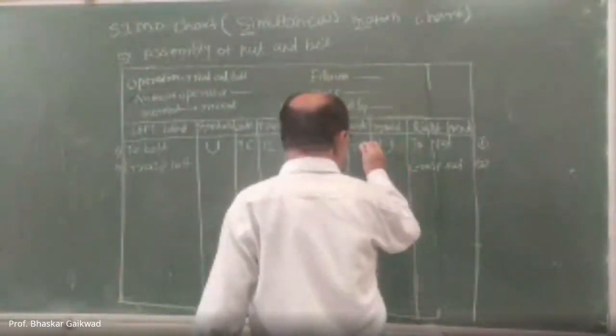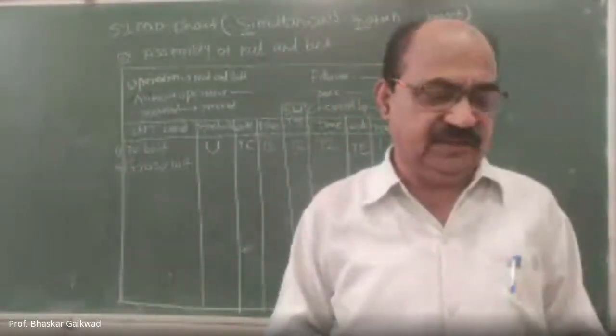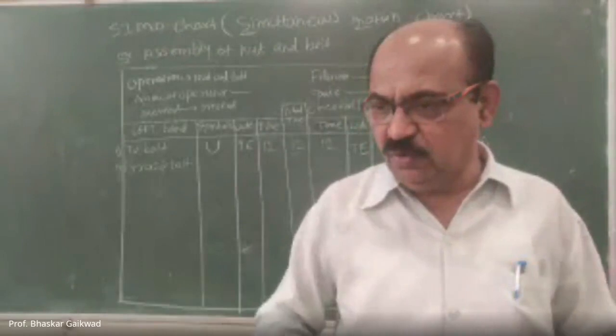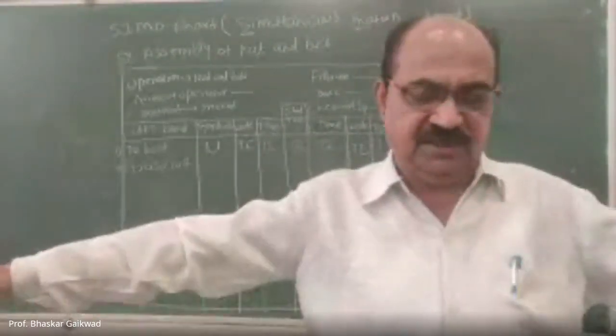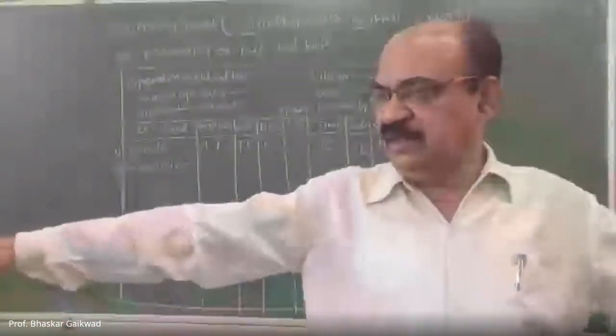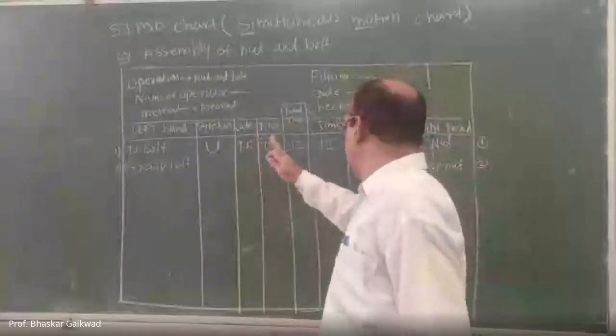Because initially our hand is like this, then we have to go this way. Empty transportation is there. This is the motion of our hand. So this TE will be there.